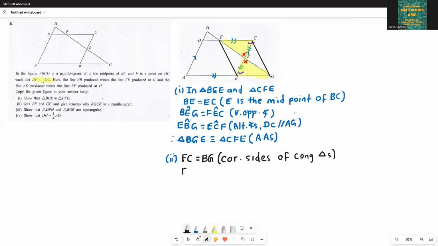And also FC is parallel to BG. Why is that parallel, children? Because DC is parallel to AB, therefore parts of parallel lines are also parallel. Therefore, FC and BG are equal and parallel, so BGCF is a parallelogram.